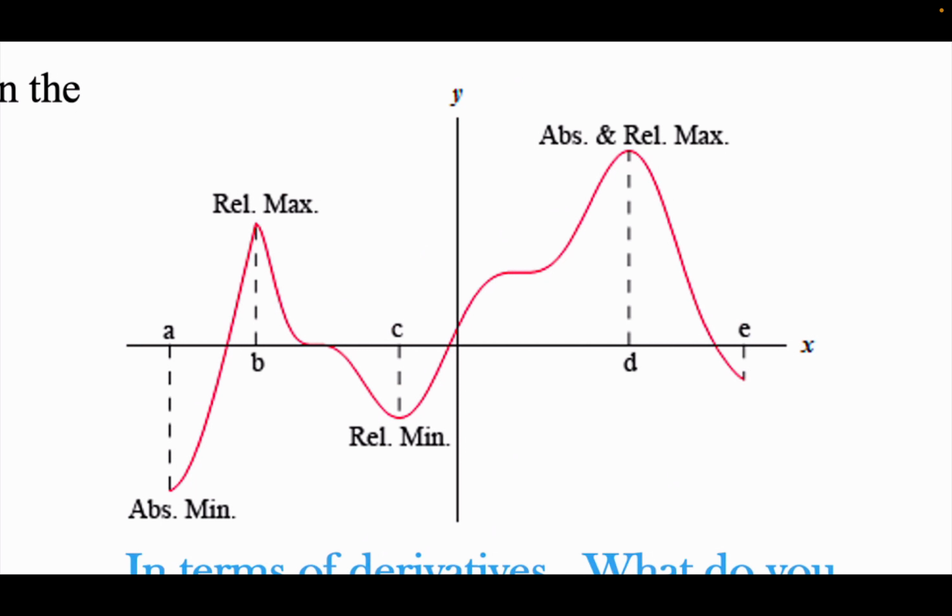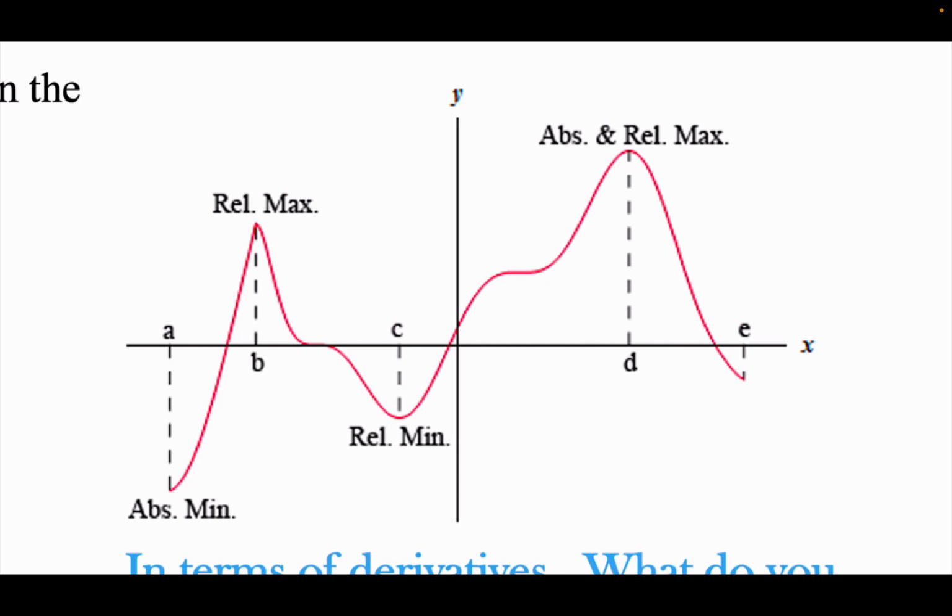Another way to tell maximums and minimums is when there's a change. To make a maximum, what do I have to do? Am I increasing or decreasing right now? Increasing. And then at the maximum, I'm going to change to decreasing. From increasing to decreasing creates some sort of maximum.